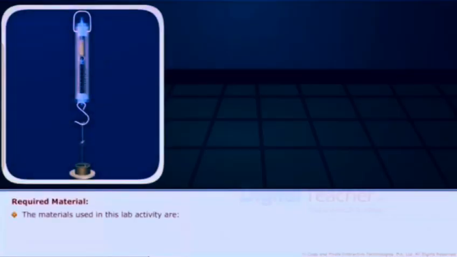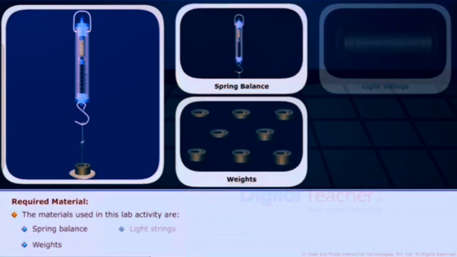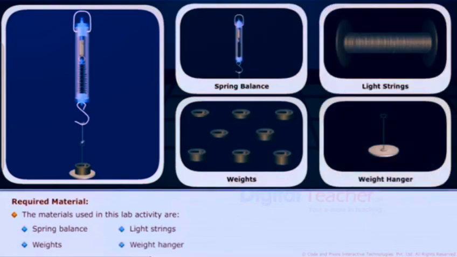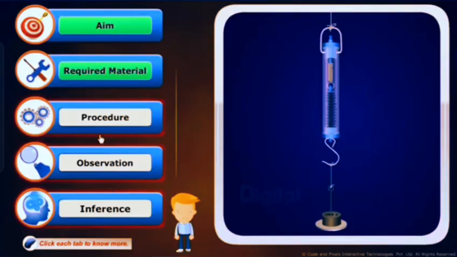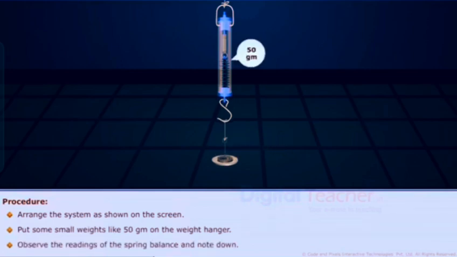The materials used in this lab activity are spring balance, weights, light strings, and a weight hanger. Arrange the system as shown on the screen. Put some small weights like 50 grams on the weight hanger. Observe the readings of the spring balance and note them down.